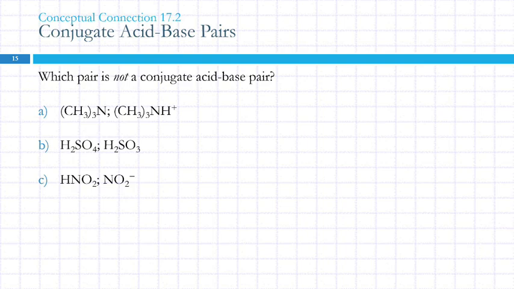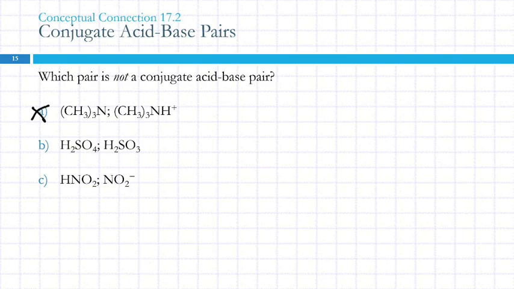Which pair is not a conjugate acid-base pair? How about these guys? We're looking for, are the formulas different by just an H+? Are these different by just an H+? Yeah, that is a conjugate acid-base pair. That's not the answer to which is not. How about this one?